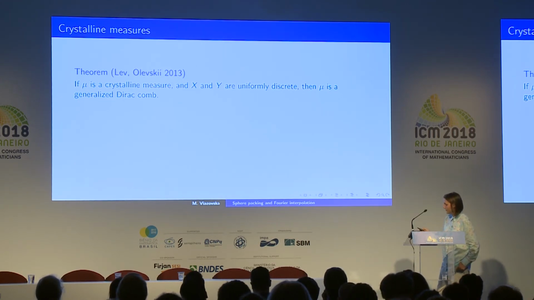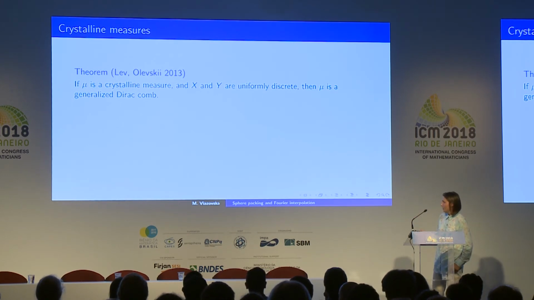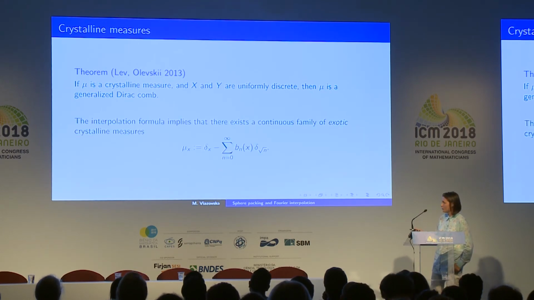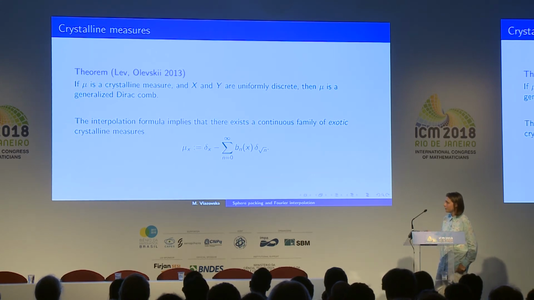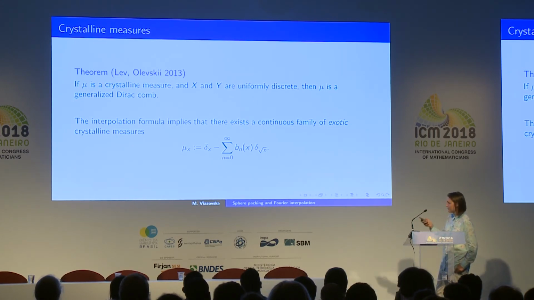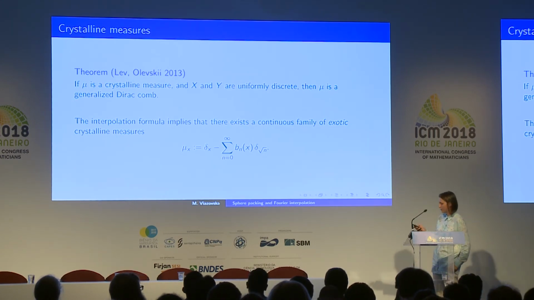On the other hand, if we waive this requirement for X and Y being uniformly discrete, actually we see that almost anything can happen. So here's our example. The interpolation formula implies that we have the following continuous family of exotic crystalline measures, and exotic means that they are not generalized Dirac combs.